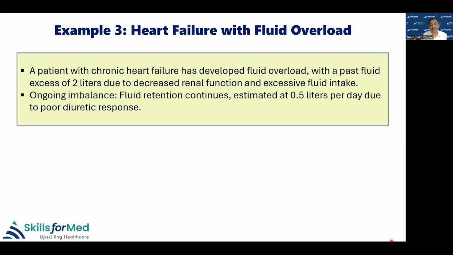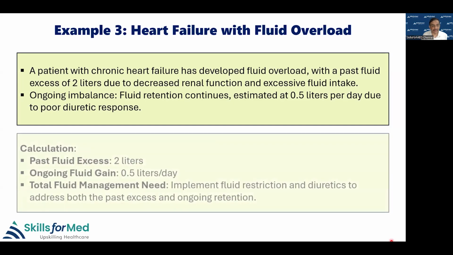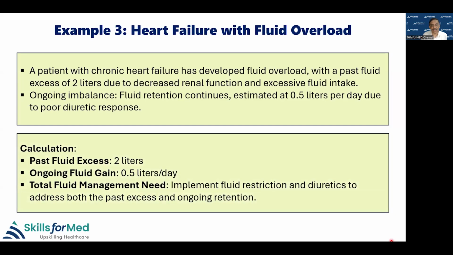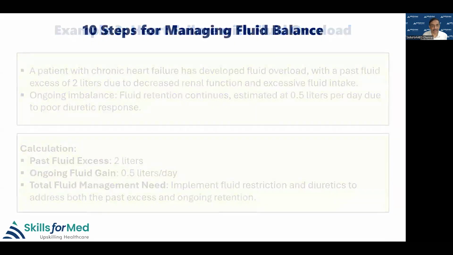But here is the third scenario I told you, where there are complex issues. Here, chronic heart failure with fluid overload, excess fluid of 2 liters over the last 2 days, and then continuing to have fluid retention. So this becomes a bit complex, and it's not as simple as adding 1 plus 1. You need to monitor the patient closely and adjust the fluid and electrolyte balance.